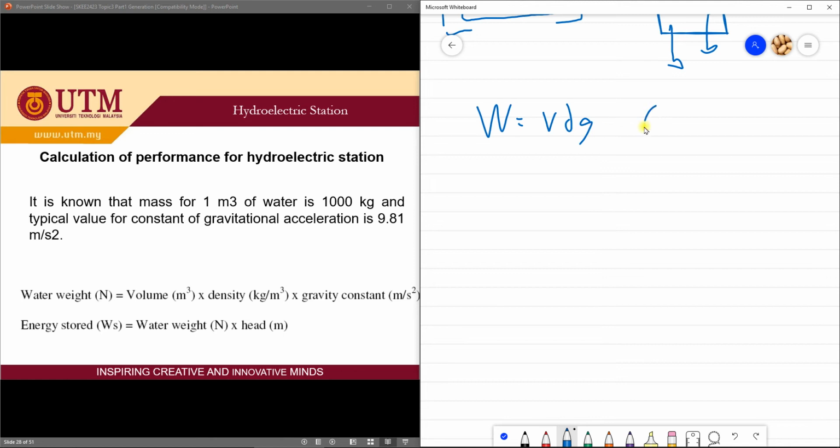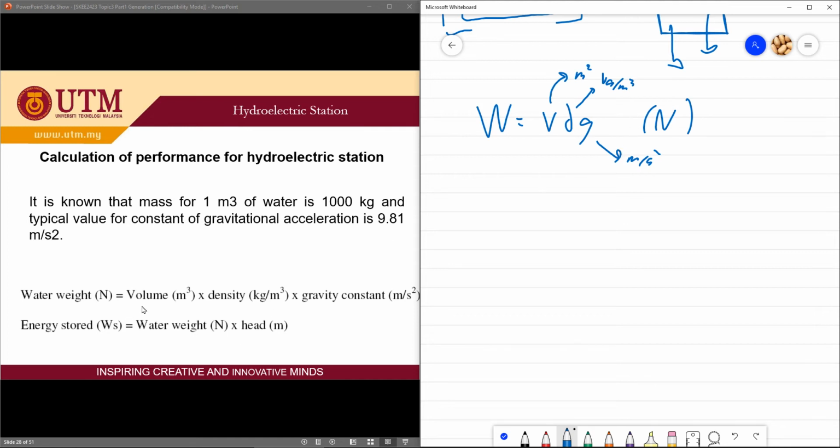Weight is in Newton. Volume of course is in SI unit, meter cubed. Density is also in SI unit, kg per meter cube, and gravitational constant in meter per second squared. Every time you do this, make sure you use the standard SI unit.